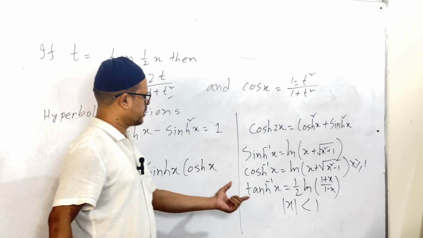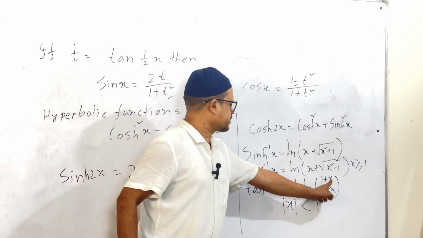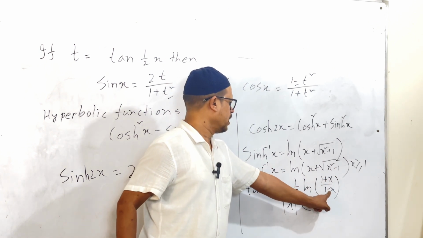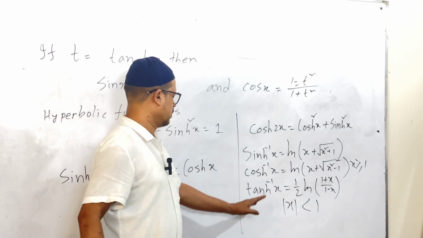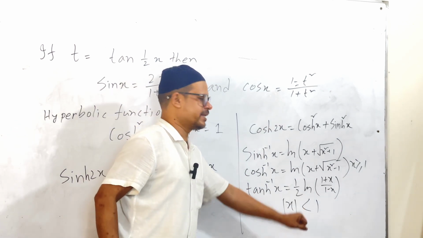Tan h inverse x is half ln of 1 plus x over 1 minus x.